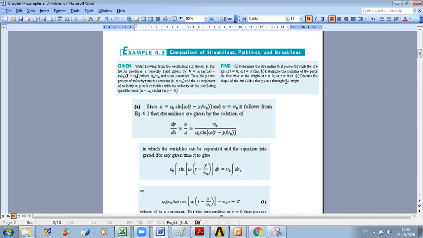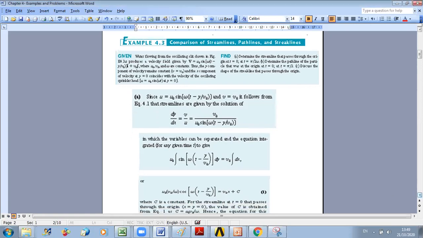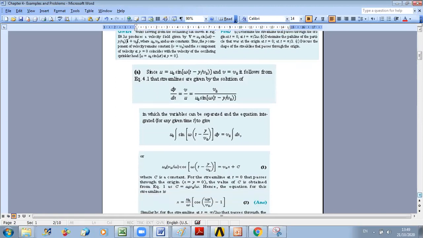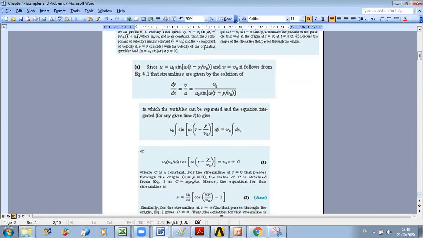Now, we will explain in this problem mainly the difference between streamline, pathline, and streakline. To begin with, to find the streamline equation, as we did in the previous problem, we have the equation of the velocity field here. So we have u equal to u0 sine of omega t minus y over v0, while v is constant, equal to v0.